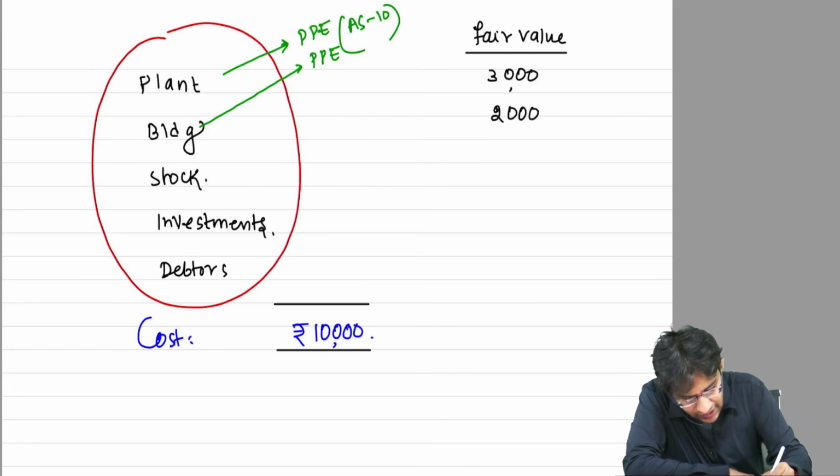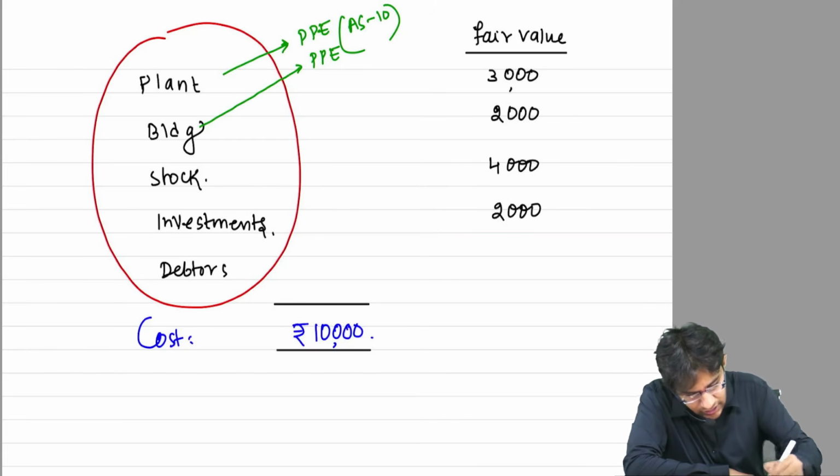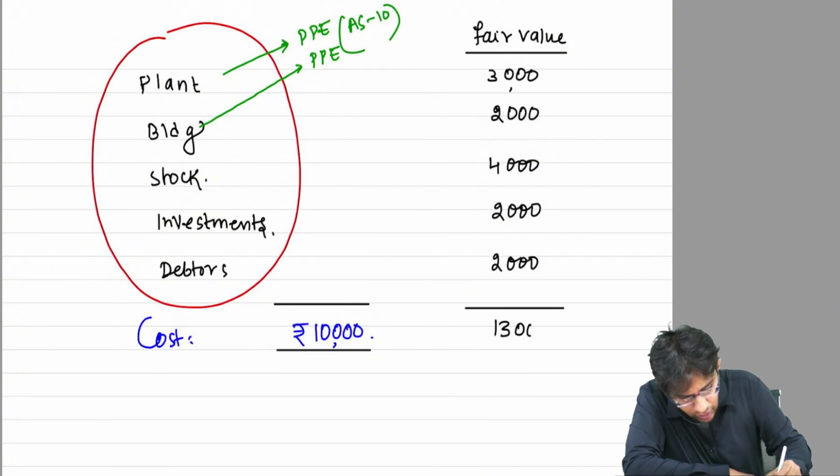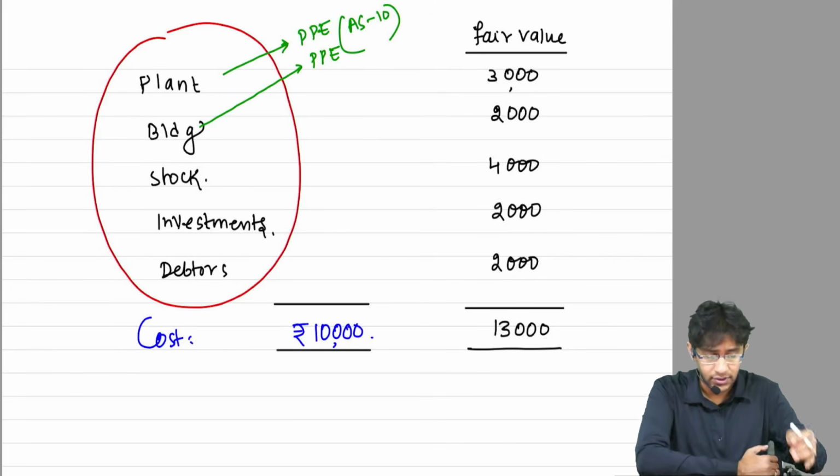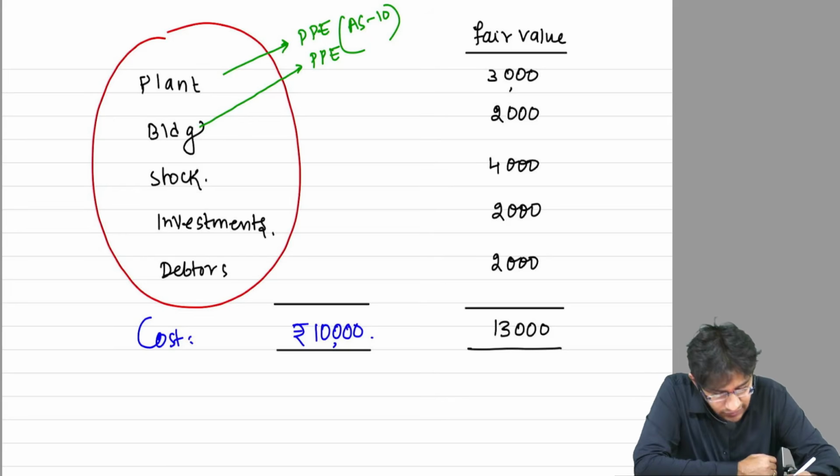Stock, if I sell, I'll get 4,000. Investment, if I sell, I will get 2,000. Debtors, if I sell, let's say, I'll get another 2,000. So total on all, the overall fair value of the items I've acquired is 13,000 rupees, which means 3 plus 2, 5, 5 plus 4, 9, 9 plus 2, 11, 11 plus 2, 13.